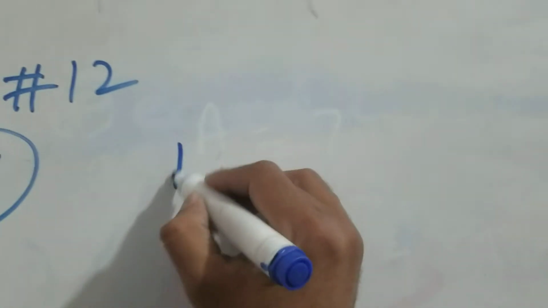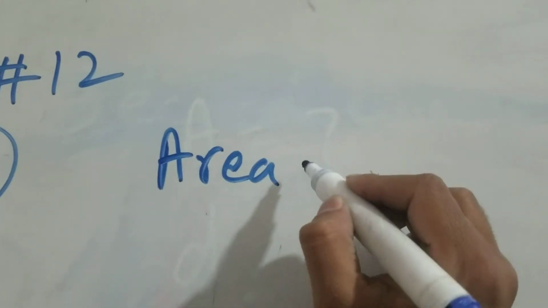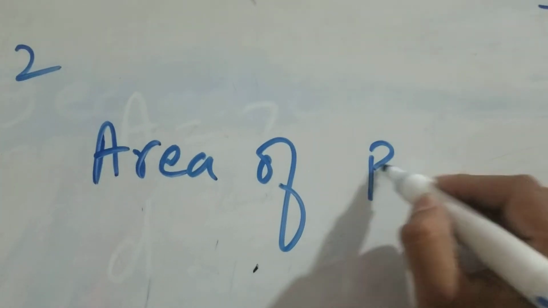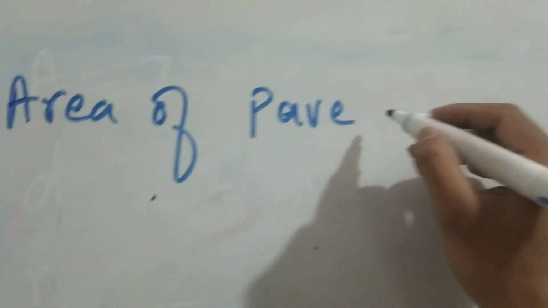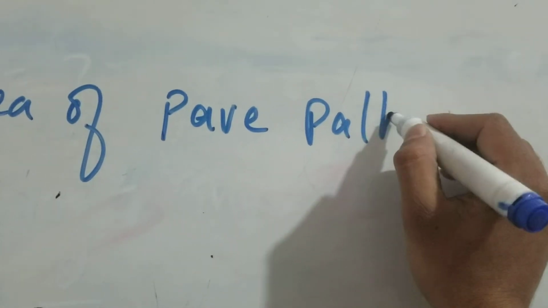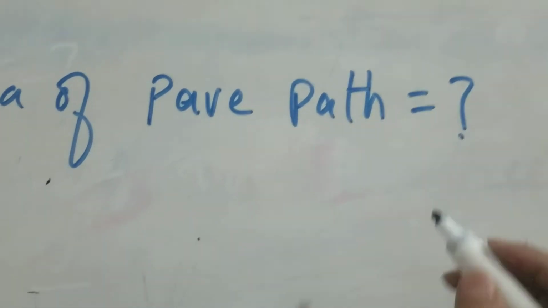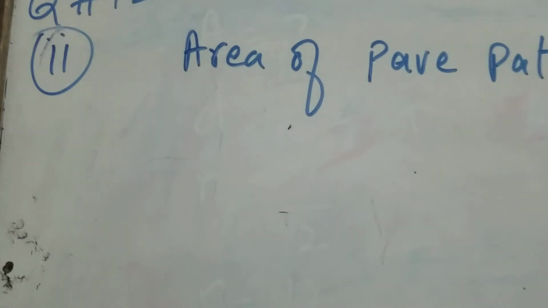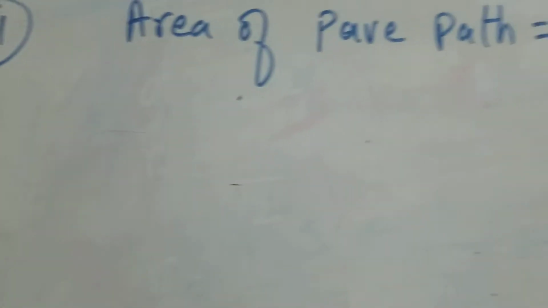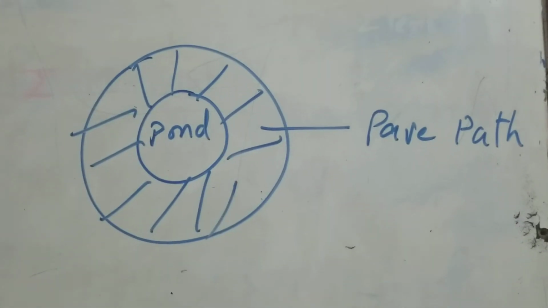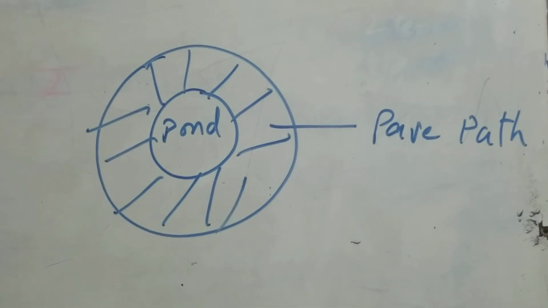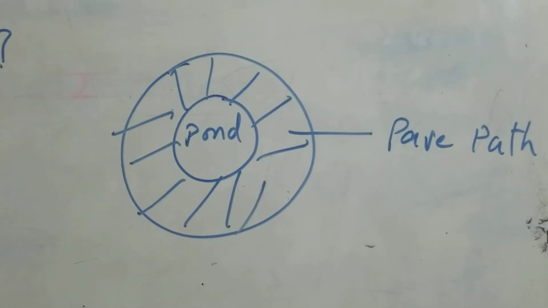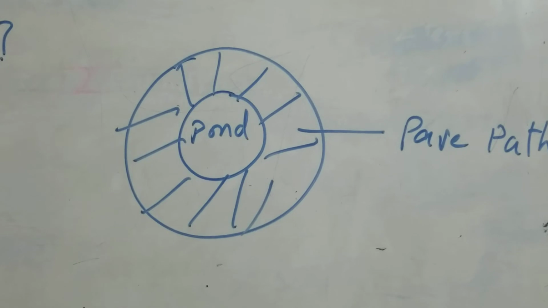So, the paved path is also a circular path. So we take the formula of area of a circular path.